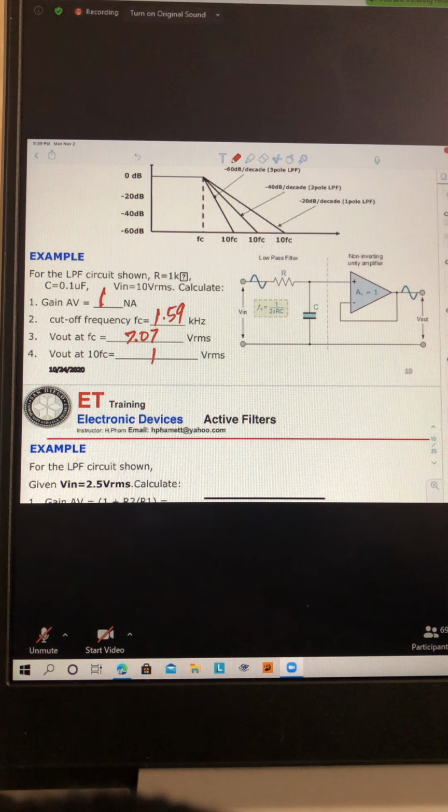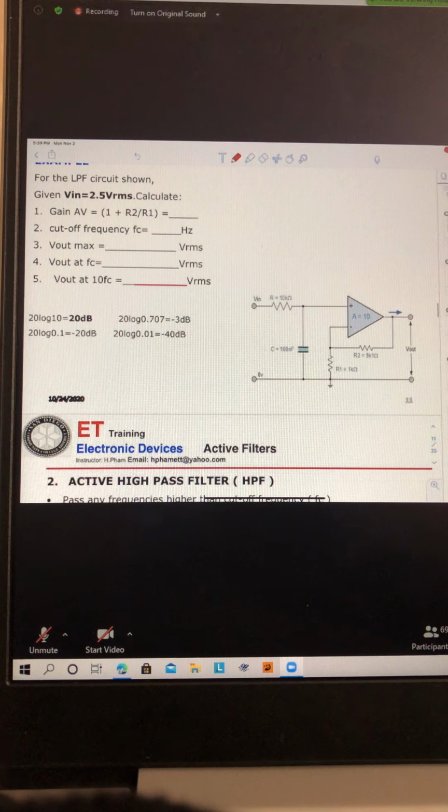The next example, what's the name for the circuit they're using? Inverting, non-inverting, follower? Non-inverting.